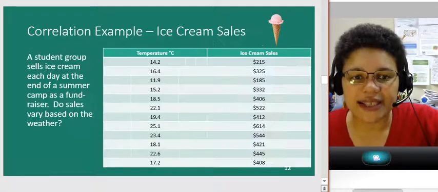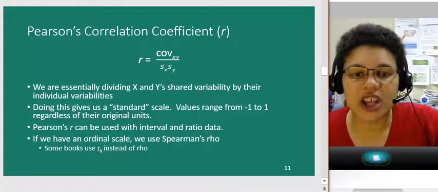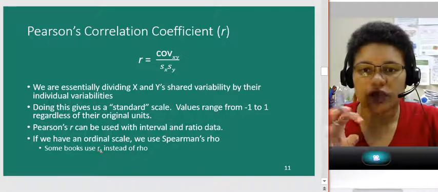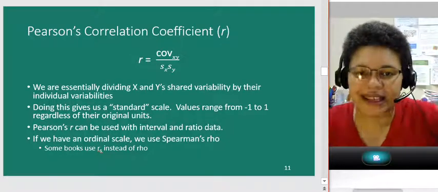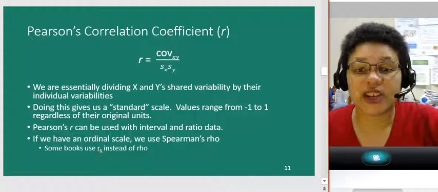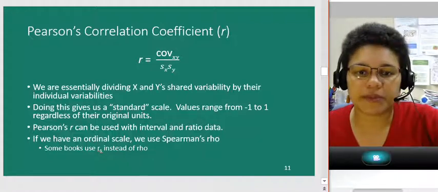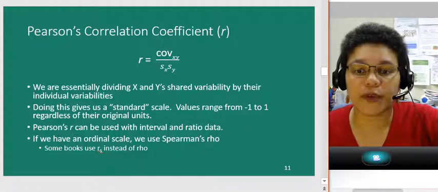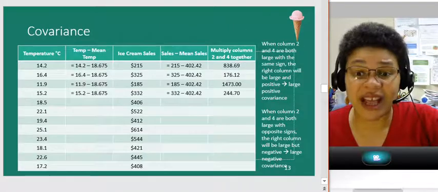Oh, yes, that's right. Because if you do some more math, then you can get to another formula for correlation. Okay, but we're not going to derive that formula.